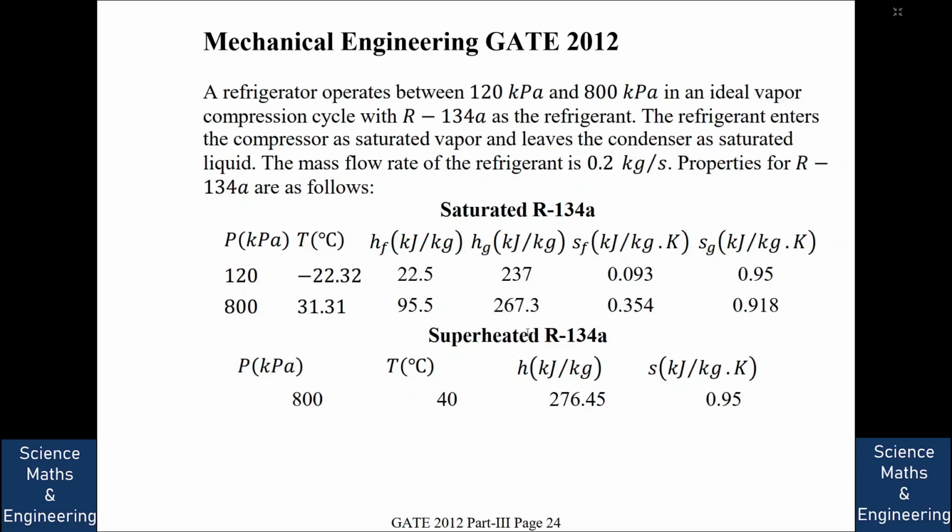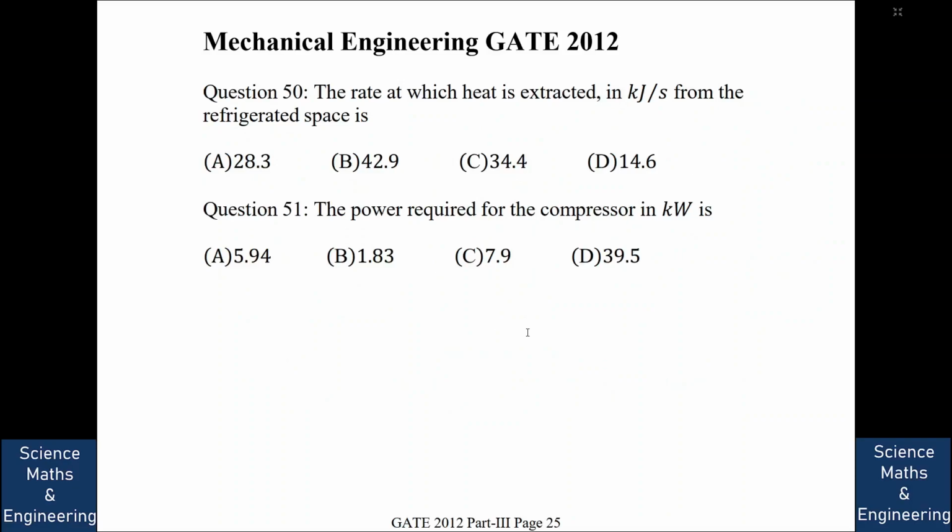Okay. So the questions are: first, the rate at which heat is extracted in kilojoule per second, that is in kilowatt, from the refrigerated space, that we need to determine. And next, the power required for the compressor in kilowatt, we need to determine. Okay.